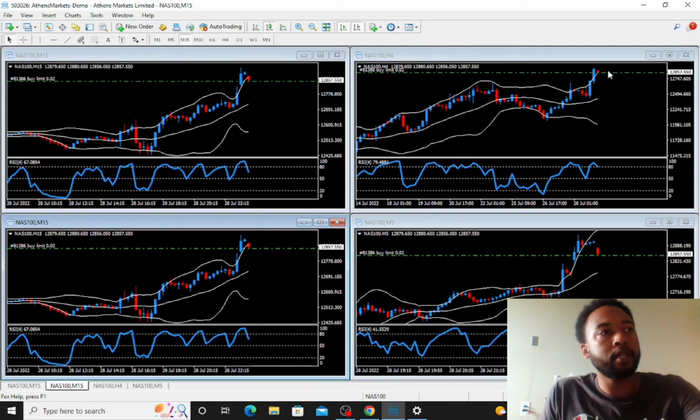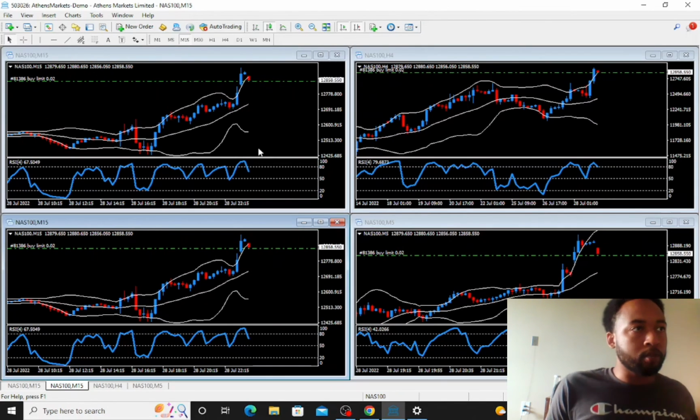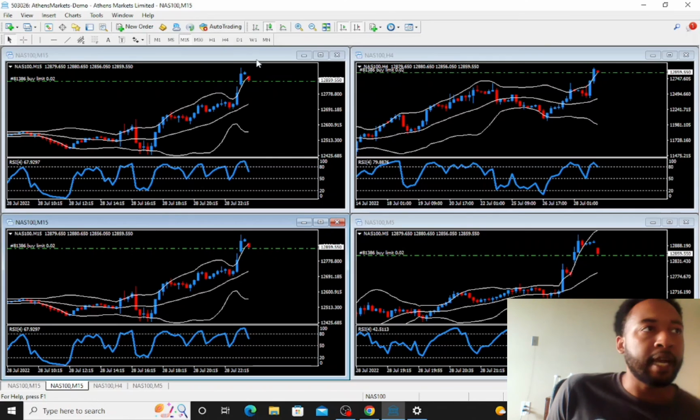Just look at the outer ends of the Bollinger Bands and see whether the top Bollinger Band is pointing away from the lower Bollinger Band, and the lower Bollinger Band is pointing away from the top. You dig what I'm saying? It got to be like that.